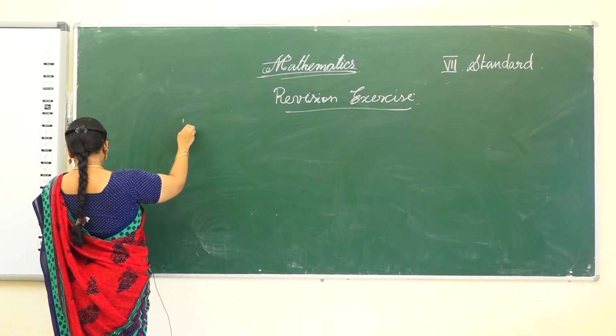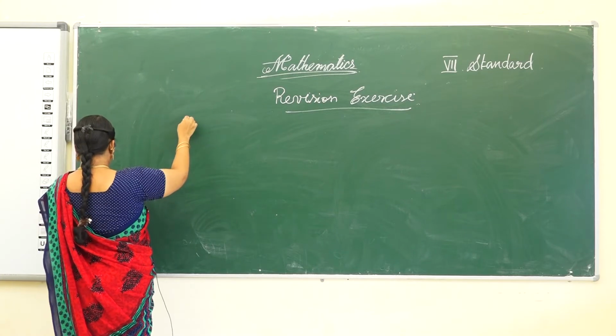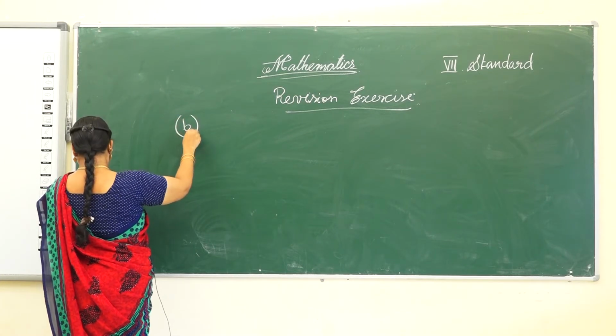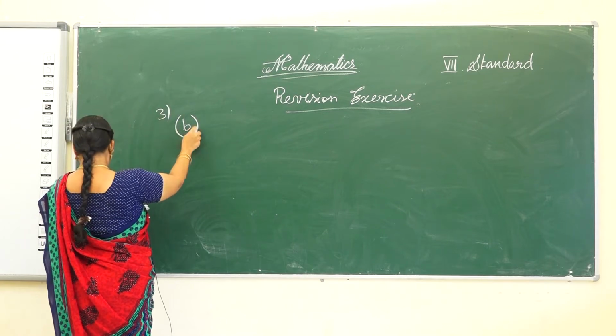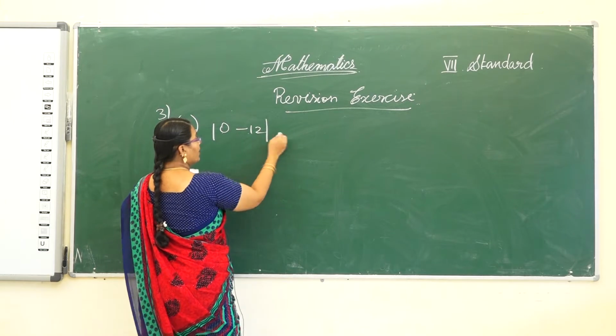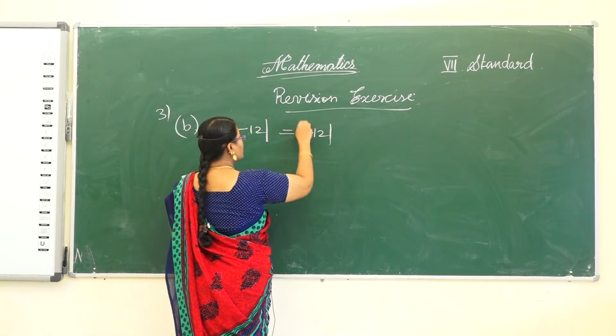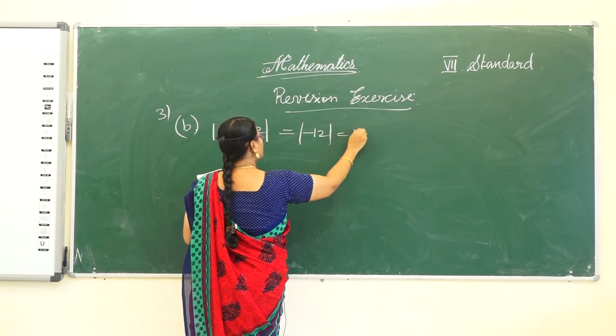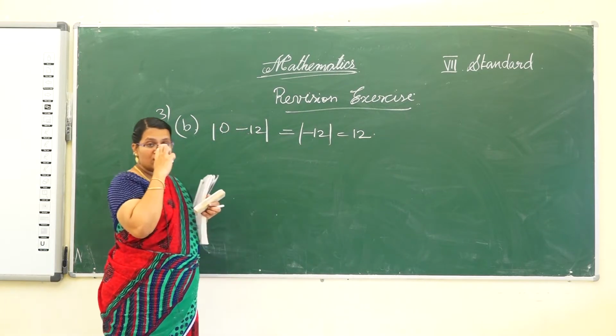And third B, modulus of 0 minus 12. So 0 minus 12 value is minus 12. So modulus of minus 12 is written as plus 12.